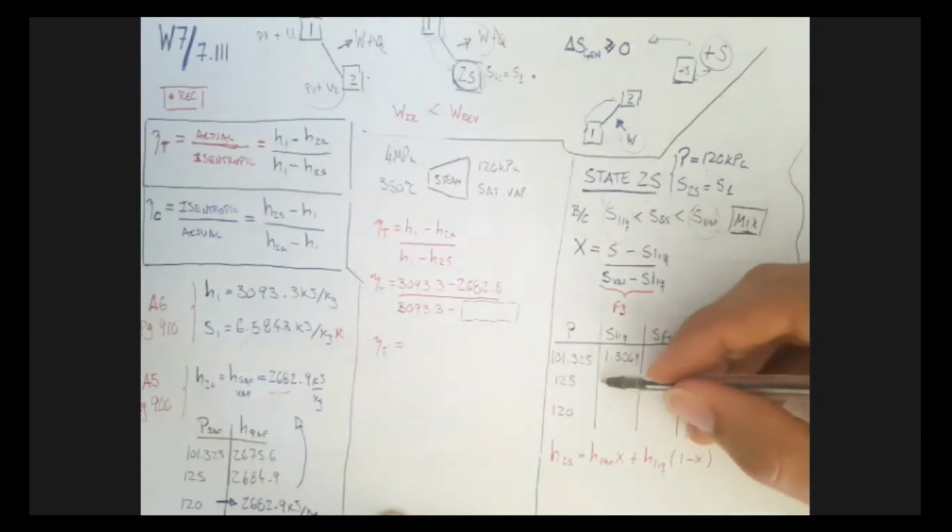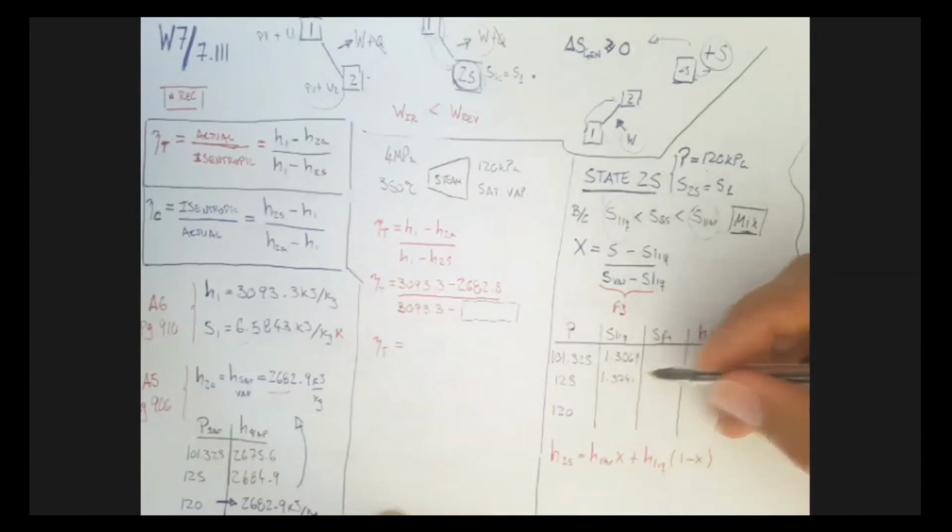1.3069, 1.3741, 6.0476, 5.91, 419.06, 444.36.